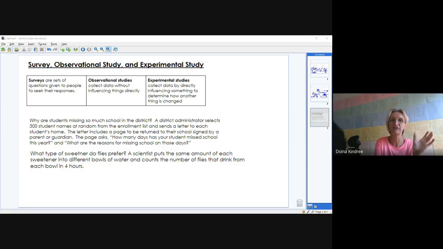So let's say in the morning they are filled up with Coke, Sprite, and water, and by the end of the day you just notice how many are left, and so that's the preference of the students. But you didn't tell anybody, hey, get the water, or hey, get the Coke because it keeps you awake longer, or get the water because it's healthier. You didn't influence in any way what happened that day.